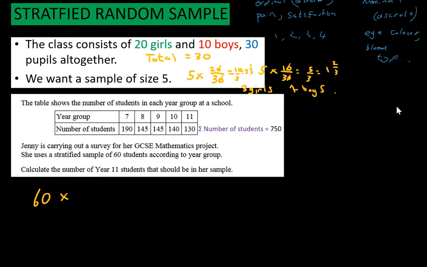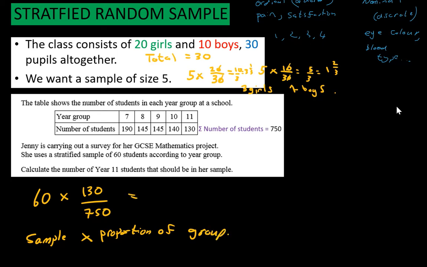Well, the year 11 students are 130 over 750. So we need to multiply our sample by the proportion of group. And that's really important, and that is the same for all questions.